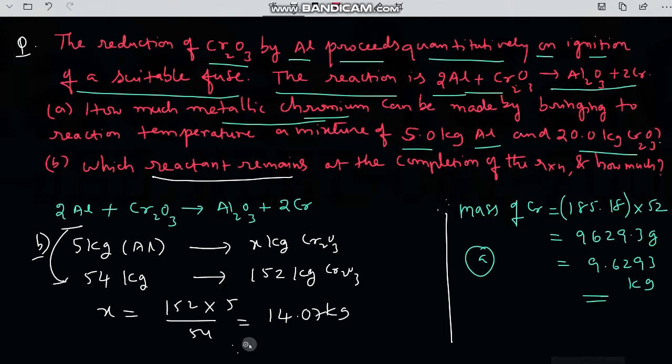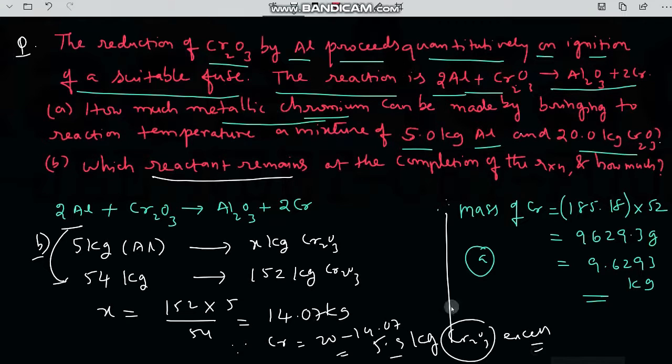Therefore, what is exactly left in the reaction? The chromium oxide left in the reaction is 20 minus 14.07. Approximately I got 5.9 kilograms of chromium oxide, which is given in excess in the question.